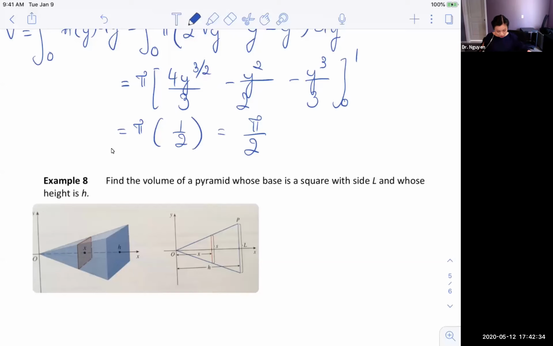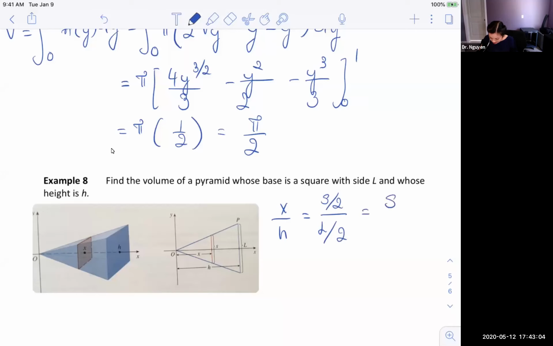right? So we can use proportion to solve for S, because that's what we need. We need S because we need to find the size so we can figure out the area. So if I go x over h, that's proportional to S over 2 divided by L over 2, right?